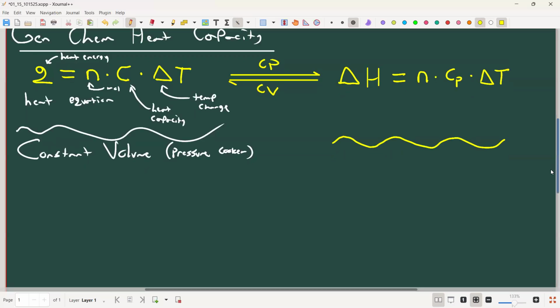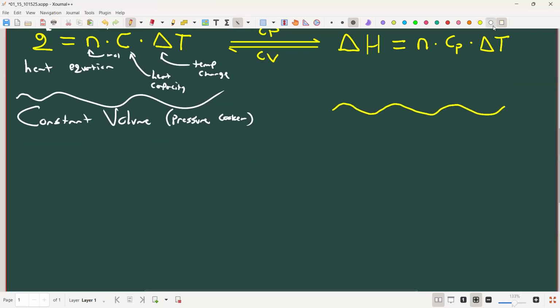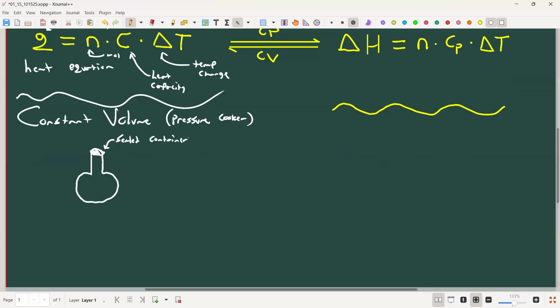So I'm going to just, again, draw another one of my little flasks. At constant volume, our flask is capped and sealed. So we have a sealed container. And again, we're going to assume it's glass, that it doesn't expand or contract. It's completely fixed.